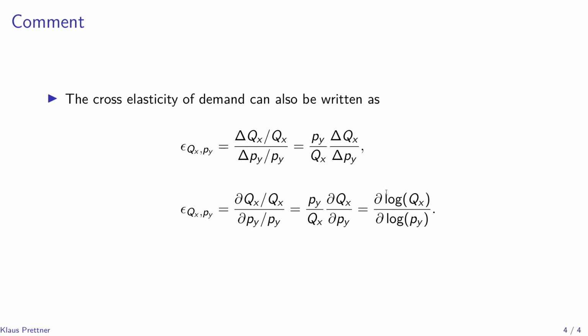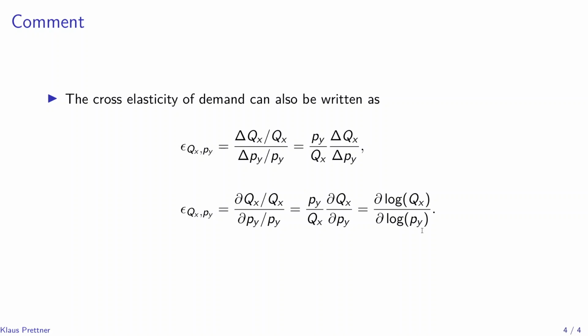And in the continuous case, we can again take instead the derivative of the logarithm of the quantity with respect to the logarithm of the price, and that also leads to the cross elasticity in this case, because that's the price of good y.